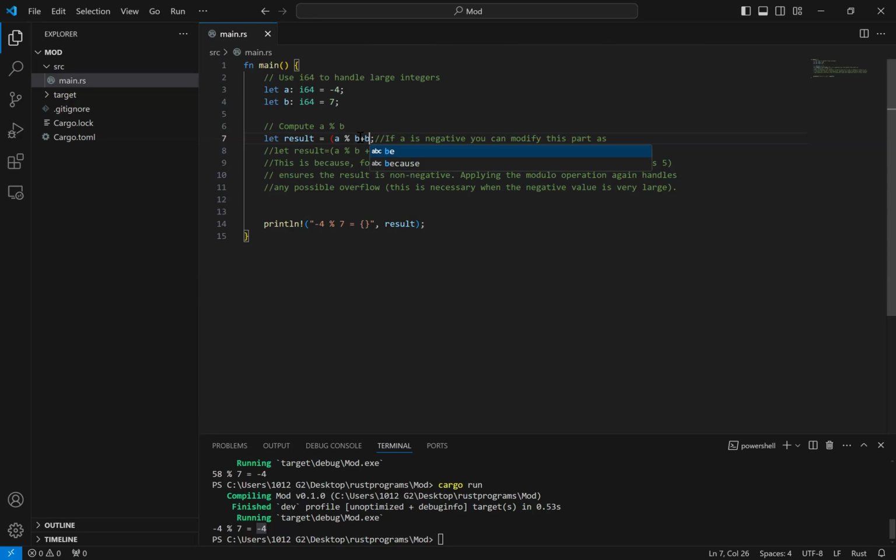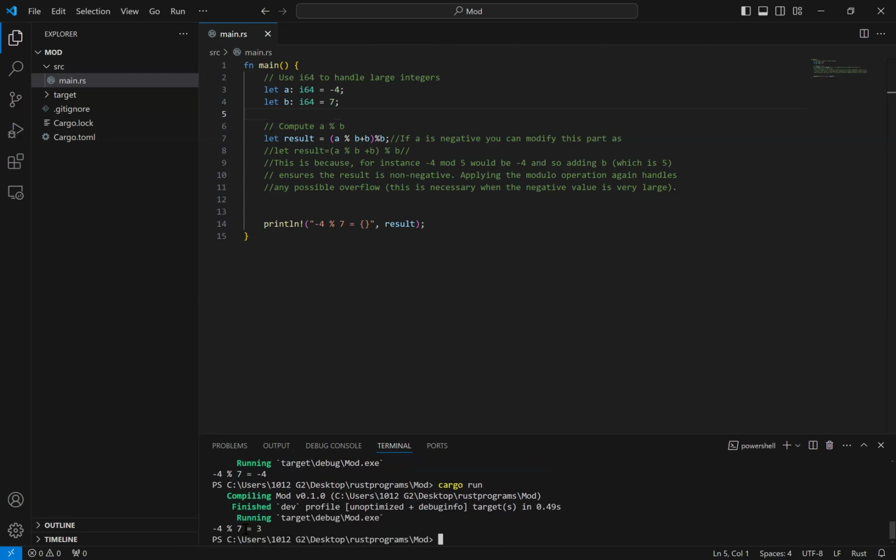You can see it's red, meaning that there is a problem. So let's close that bracket. And then the result that we get, again, get the remainder on dividing by B. Let's try now.